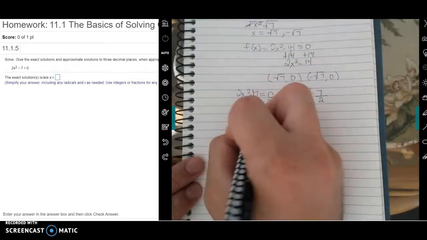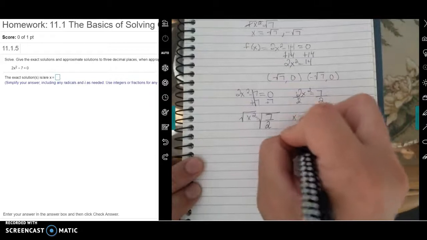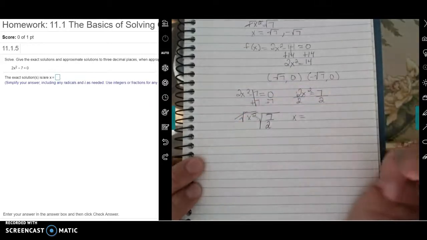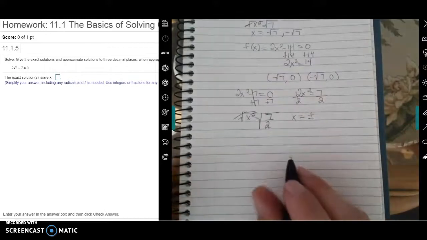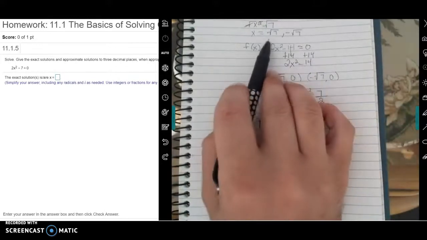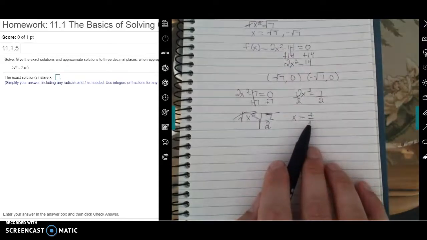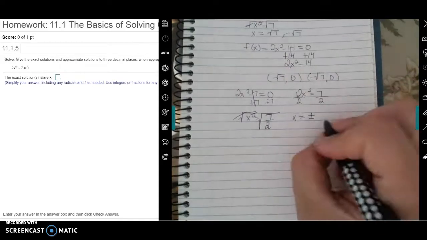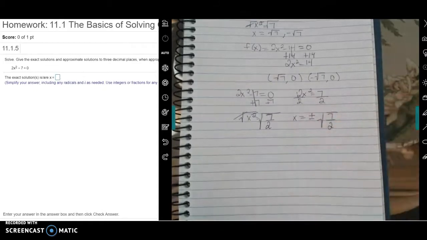Now get the x by itself. Take the square root of each side. So we're left with x, since the square root and square cancel, leaves me with just x. And then we have plus and minus. That's instead of splitting it up as two answers, plus and the negative, we can just use this symbol to represent both of them. So plus or minus the square root of 7 over 2.